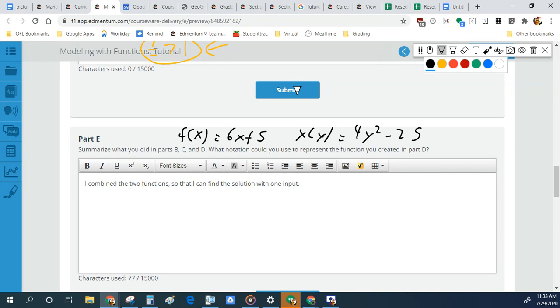That way, now instead of having to have an x input and a y input, now all you need is your y input. Does that make sense? So these are two functions. All right. So that's all you really need to put for part E.